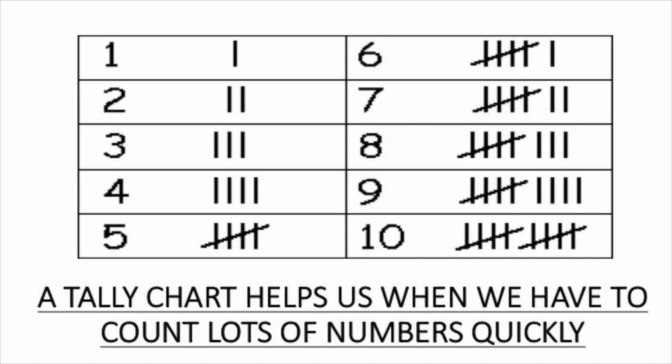1, 2, 3, 4, 5, 6, 7, 8, 9, 10. And 10 is 2 5s. Because 5 plus 5 equals 10, okay? So you can see straight away without having to count. Oh, this is 5, this is 5, 5 plus 5, 10.